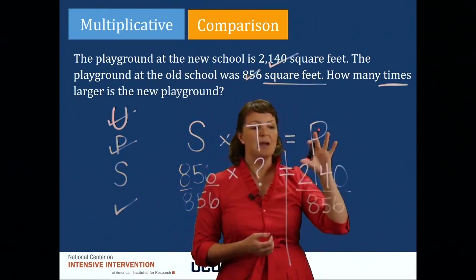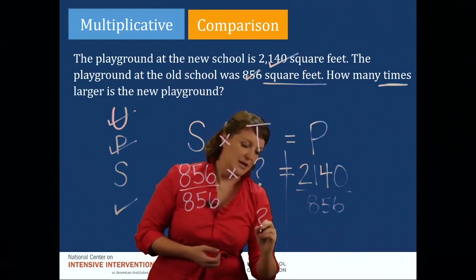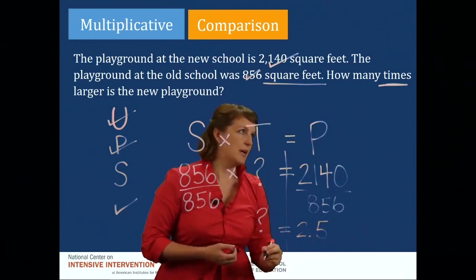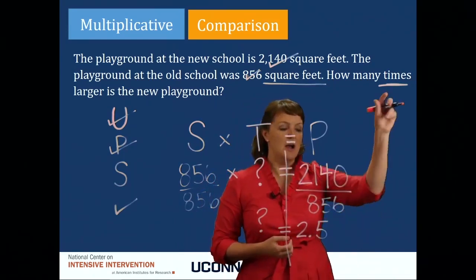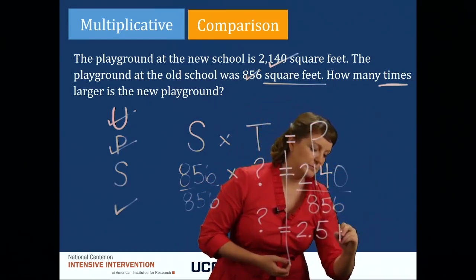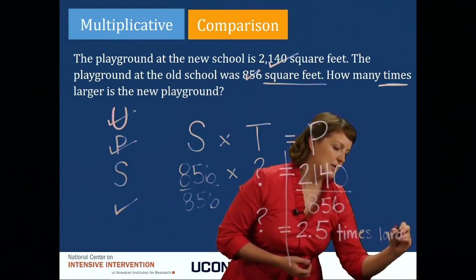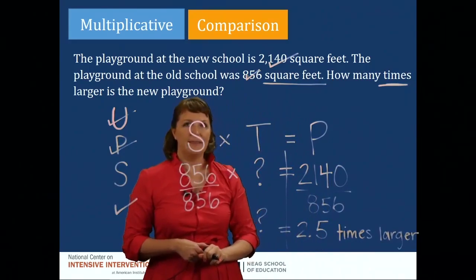And because of time, I know that 2,140 divided by 856 is 2 5/10 times larger. We would never say 0.5. Remember when we were talking about math language. And it's 2.5 times larger than the old playground. So I'd put my label on it just like that.